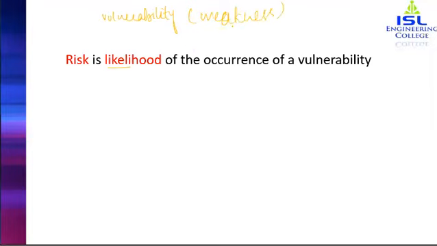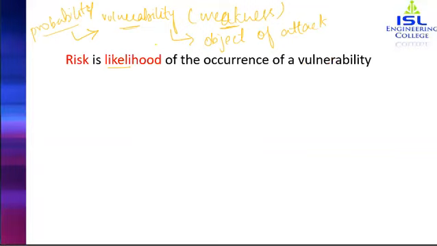This weakness can be taken as a loophole. So what is the probability that this specific vulnerability is going to be the object of an attack? That is, what are the chances that this specific weakness will be exploited? So risk is the likelihood of the occurrence of a vulnerability.